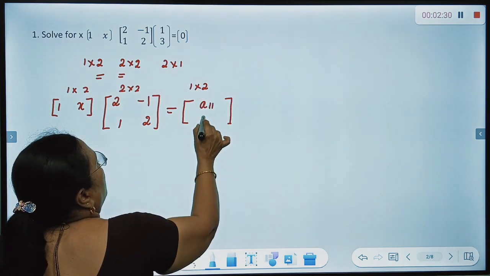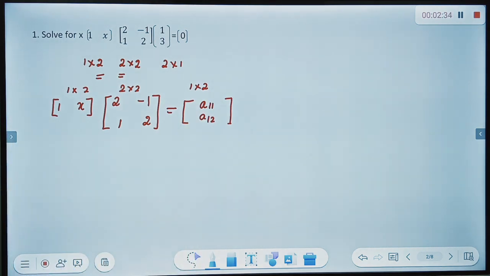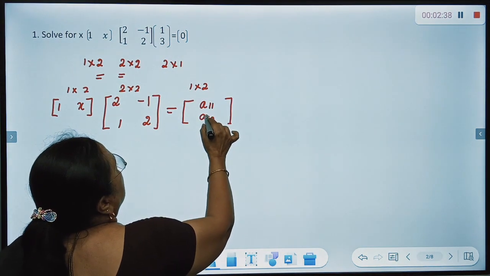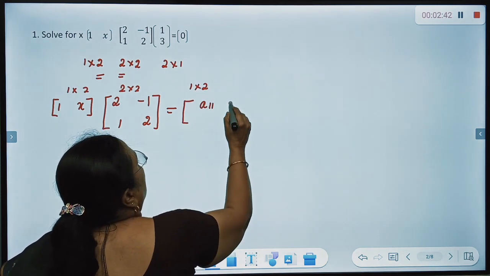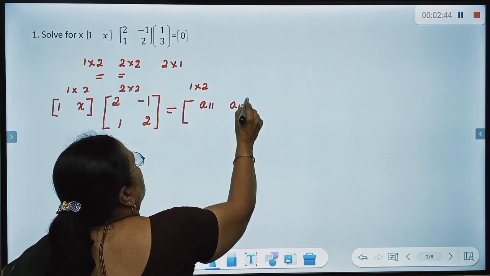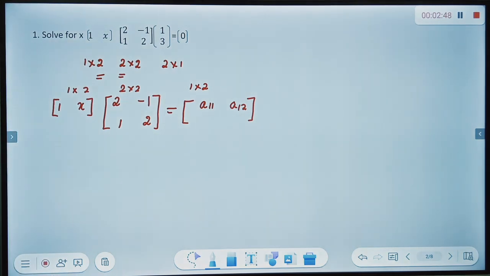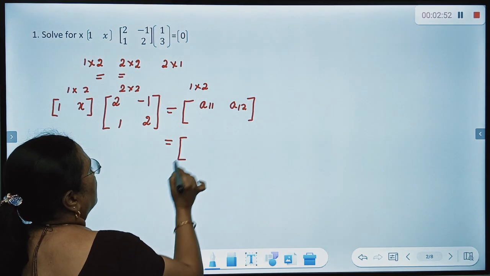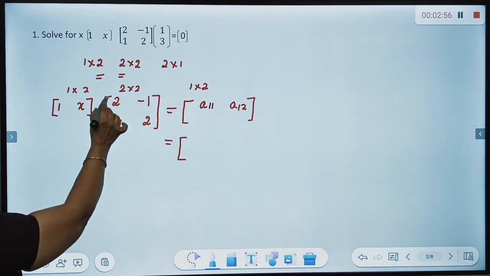So A11, A12. It has got one row and two columns. Now, how do I get A11? First row with first column.